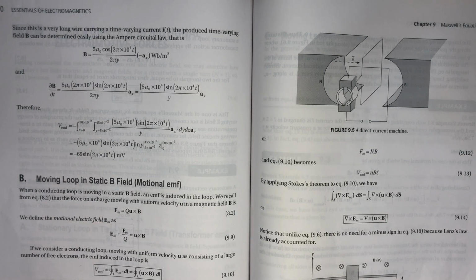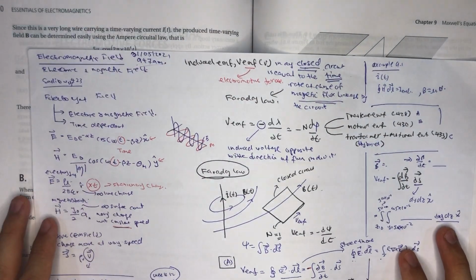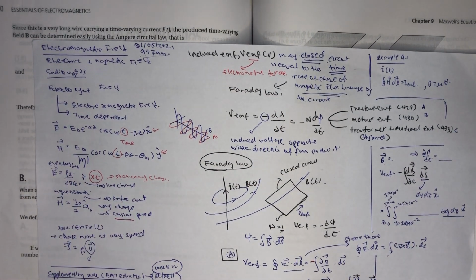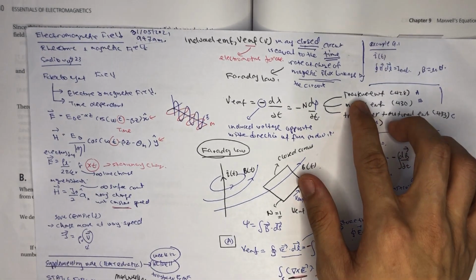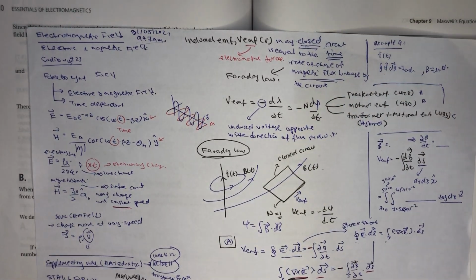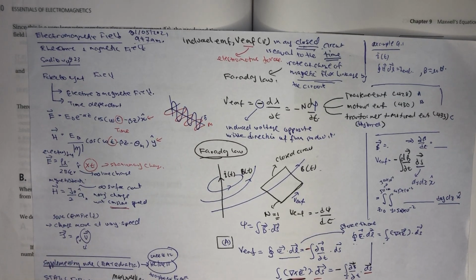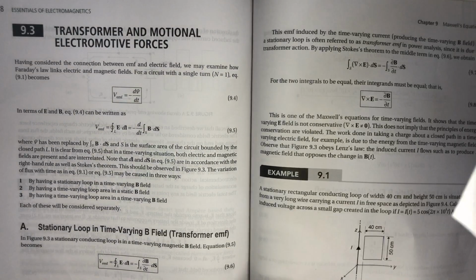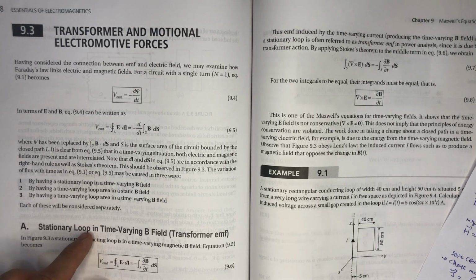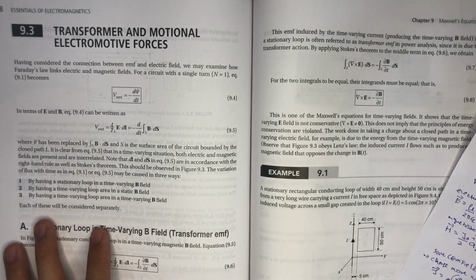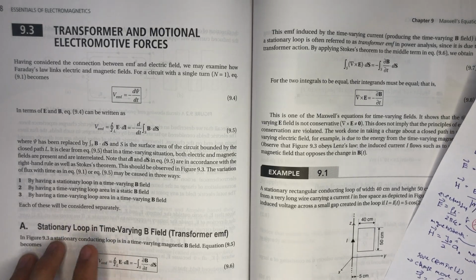Now we're going to continue our week 12 lecture. Last time, let's refresh what we have learned before. Last time we learned about the transformer EMF, where we have a stationary loop, but a changing B field with respect to time.